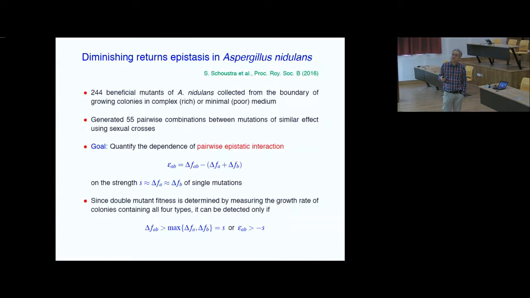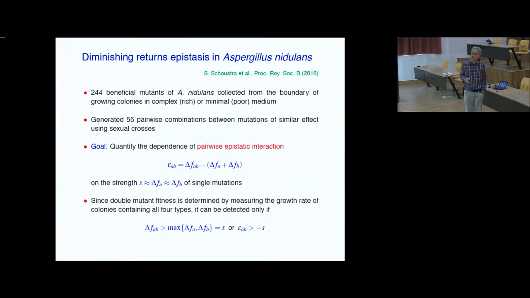He picked pairs of mutations from his sample that had similar effect, put them together, and then measured the fitness of the pair. Then he defined the pairwise epistatic interaction the way we typically do. So this is a case where the fitness effects of the 2 individual strains are closely similar.